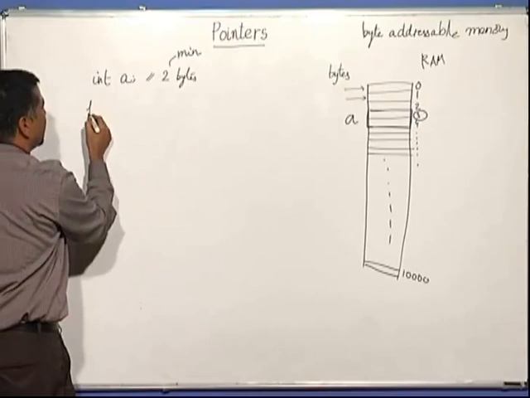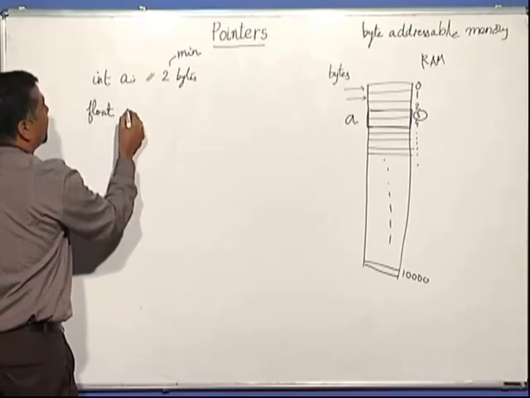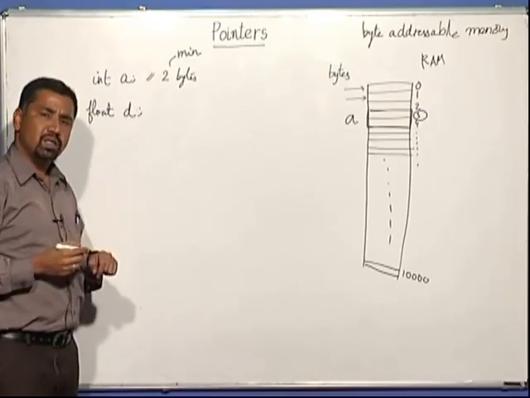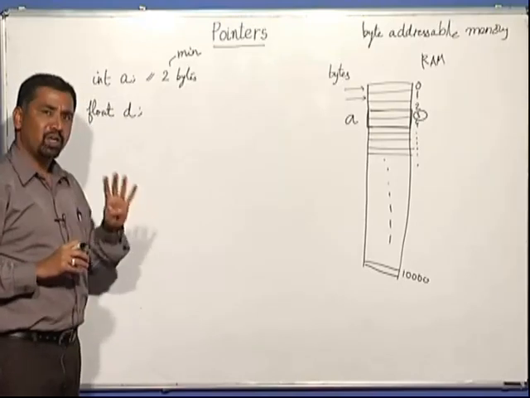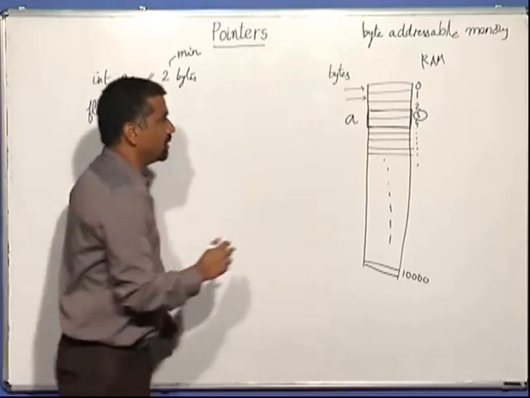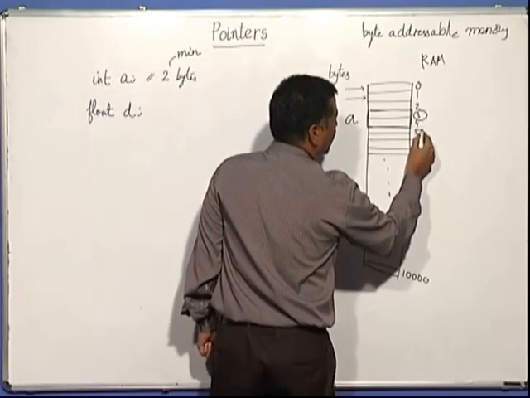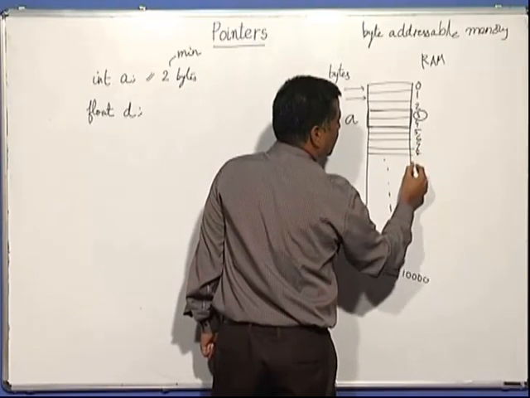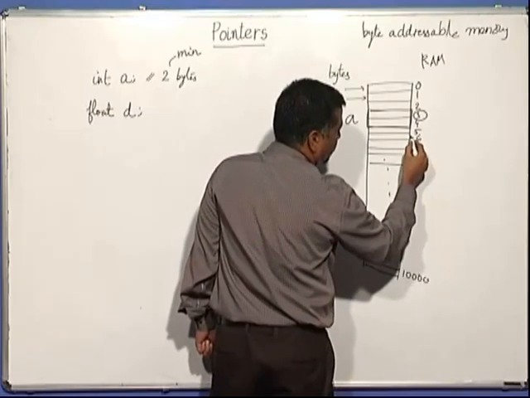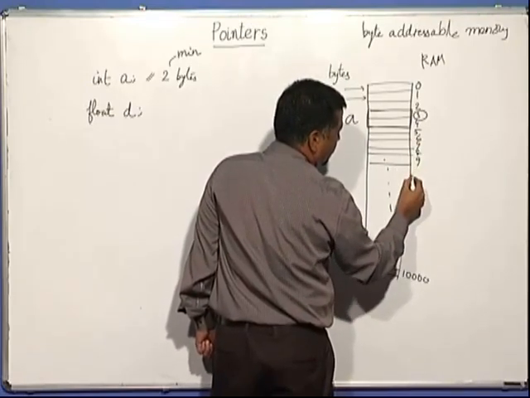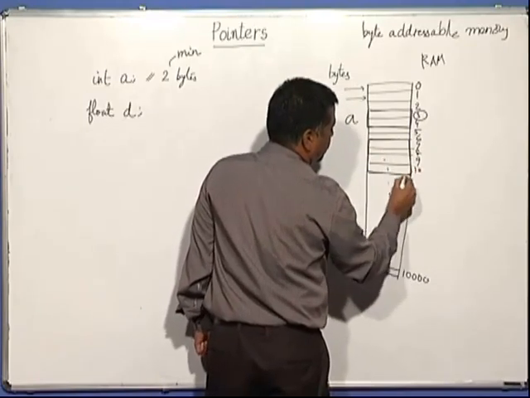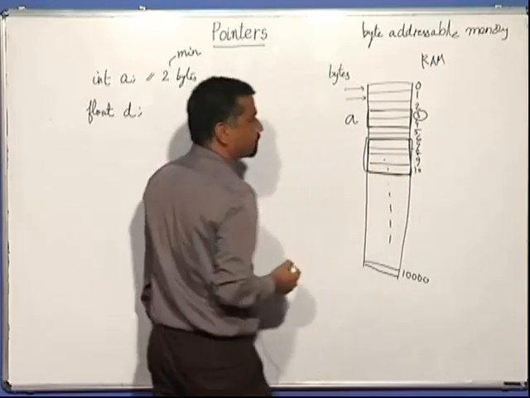In the same way, if you declare a variable called D, and in a given system if you assume that float variable occupies 4 bytes, again those bytes have to be given somewhere in the random access memory. It could be, let us say, 7th, 8th, 9th and 10th, these 4 bytes.